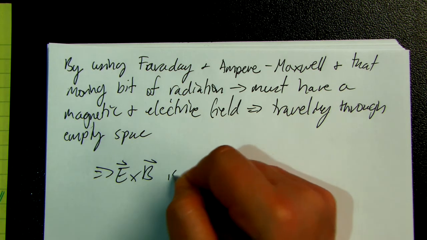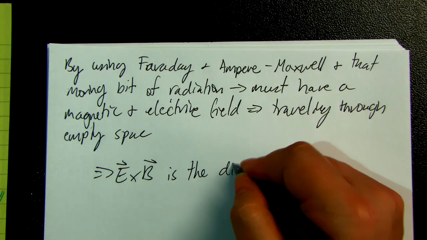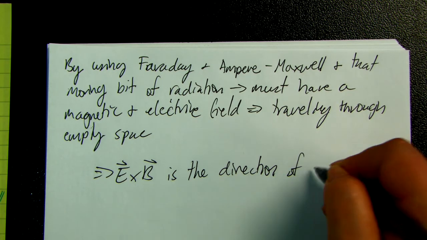E cross B is the direction of propagation.